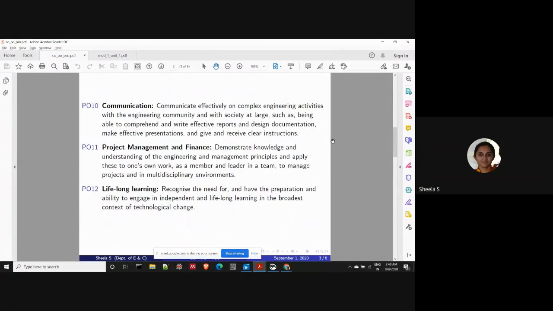Whatever design we have done or whatever problem we are analyzing, first we need to discuss whether any particular solution or design is required, and whether the solution we have developed is affordable, whether it can be used or not. For all these things we will be interacting with people or society.